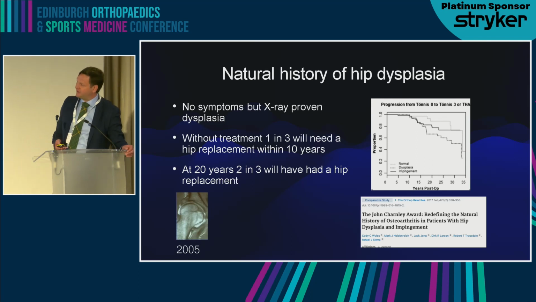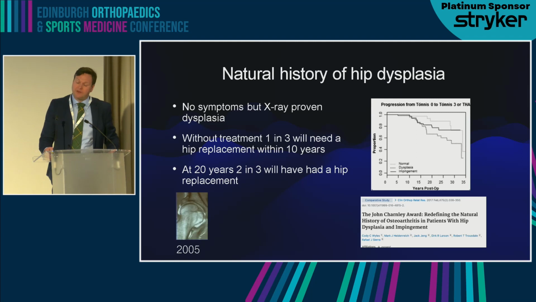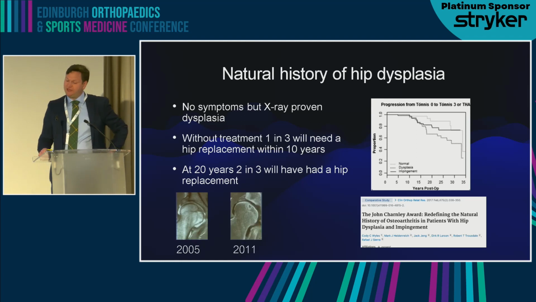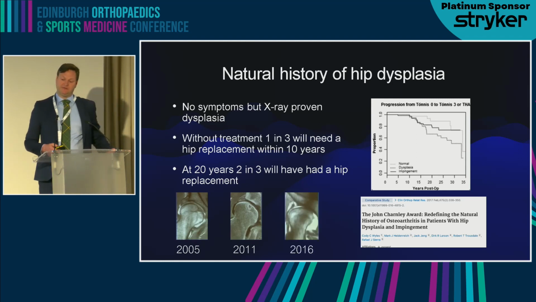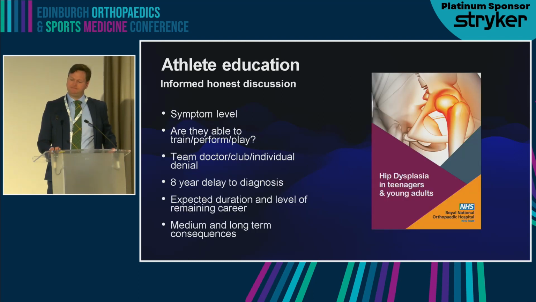And here is a case example. A patient who had an MRI elsewhere, didn't have an X-ray, and was told they've got a labral tear that can be managed non-operatively. They presented 6 years later with worsening pain, and by that stage they'd got some degenerative change when I saw them, and we agreed that they would continue with non-operative management because there was no other surgical option at that stage other than to have a joint replacement, which they went on to have in 2016.